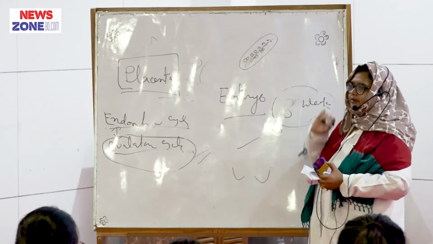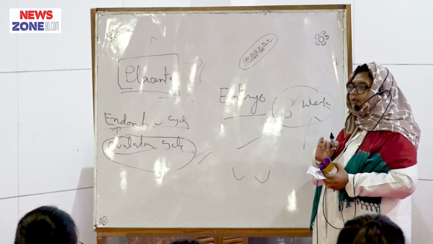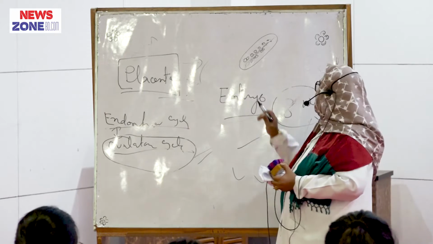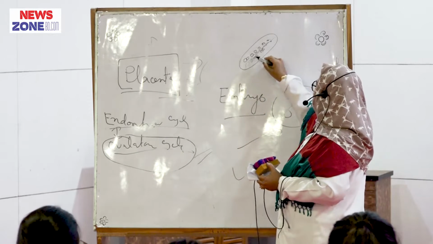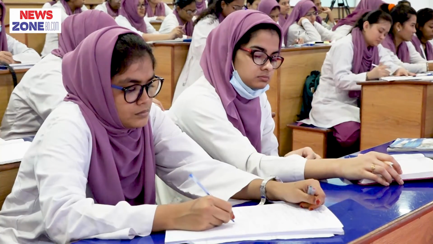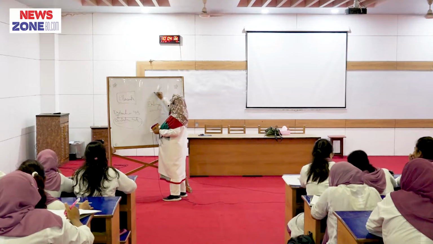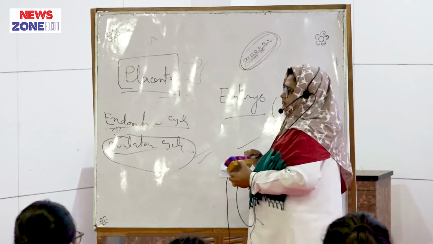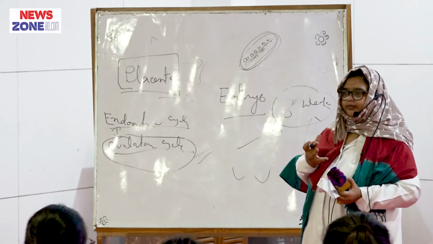That is called trilaminar. So bilaminar, trilaminar. Then from this structure, the fetal pole, the proper embryo, is formed.